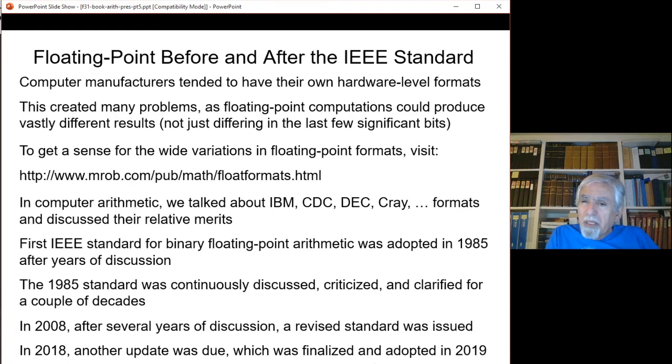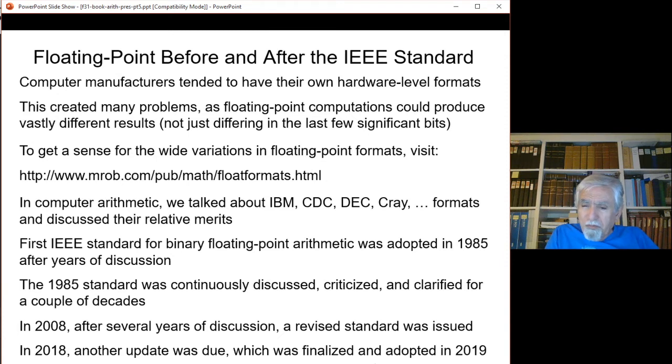This created many problems because floating point computations could produce vastly different results when run on different computers. So you wrote a program that did floating point calculations, the exact same program, let's say in a high-level language such as Fortran. When you ran it on different machines, it produced vastly different results.